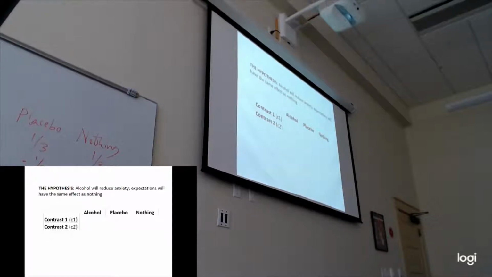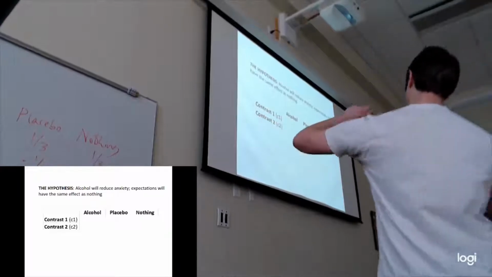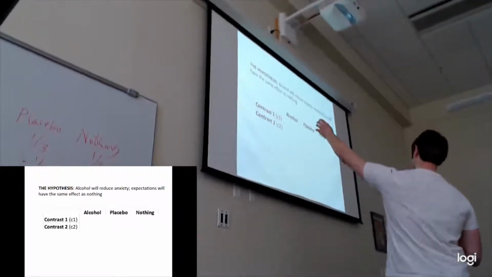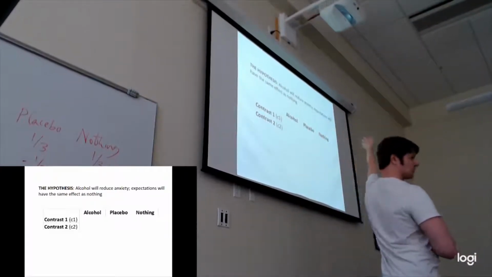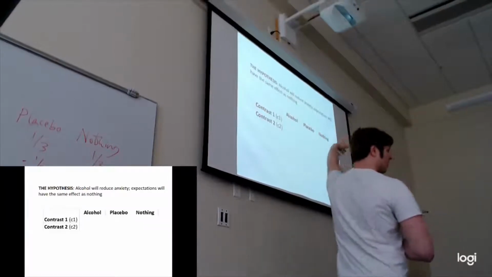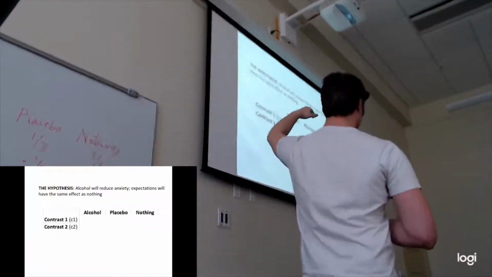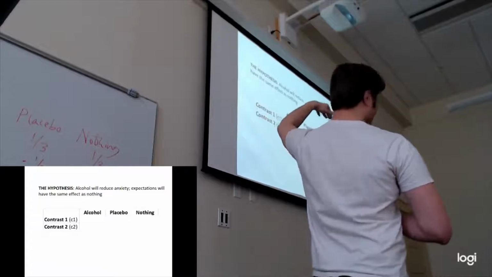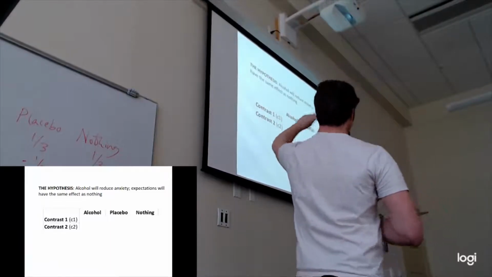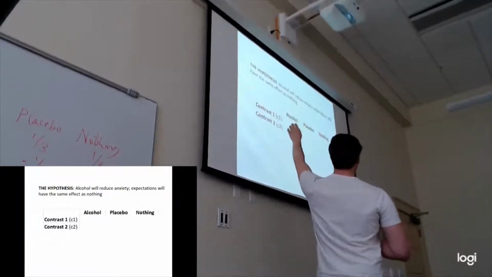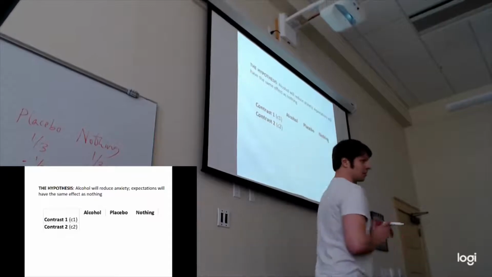More specific. Yeah, so the hypothesis is framed very specifically. It says exactly how expectations will compare to both alcohol and nothing. It also says how alcohol will compare to placebo and nothing.